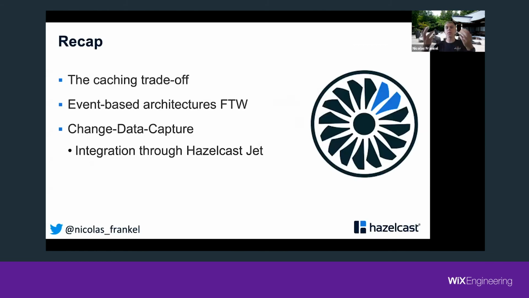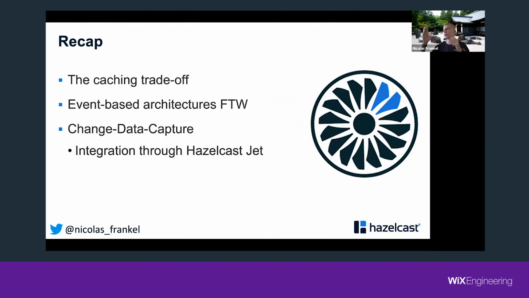So in this talk, I showed you about the caching trade-off. By implementing caches, you are basically accepting that your data must be a bit stale in order to improve reliability and performance. If you want to keep the cache, which is derived data, and the source of truth in sync, then I would really, really advise you to use event-based architectures.